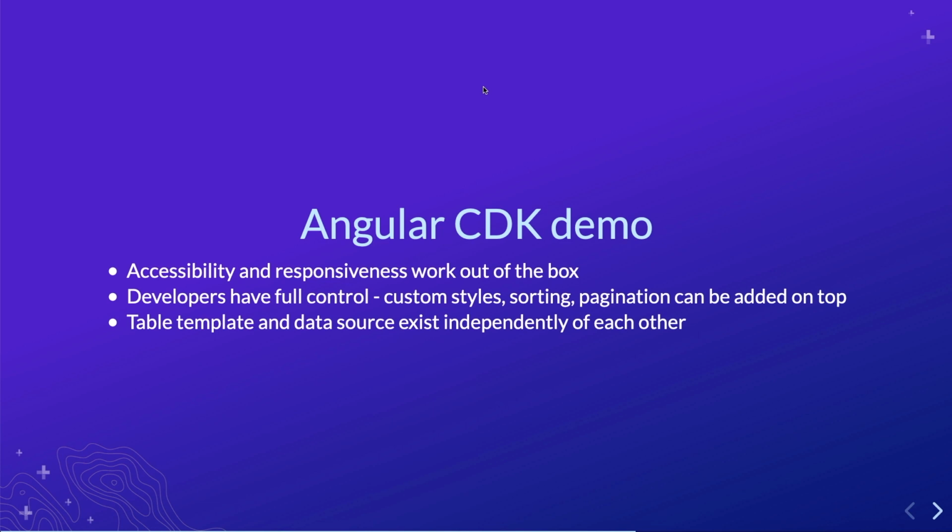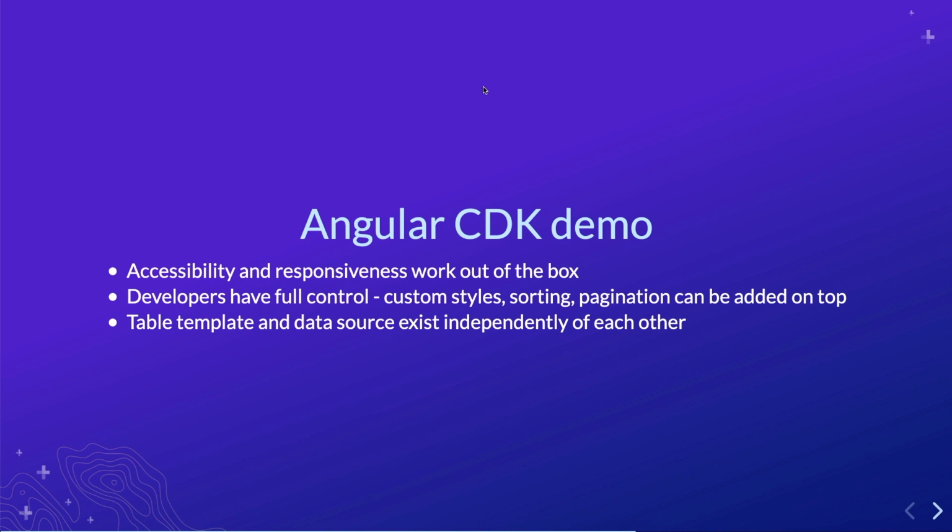This is definitely designed more for developers that don't want to implement the base behavior, but at the same time, they want to have a lot of say over how they style things, how their UI interactions work. Building your own sorting, pagination, et cetera, those features have to be added on top.